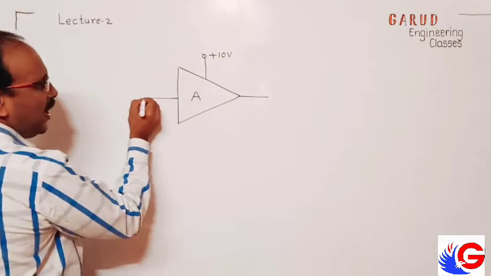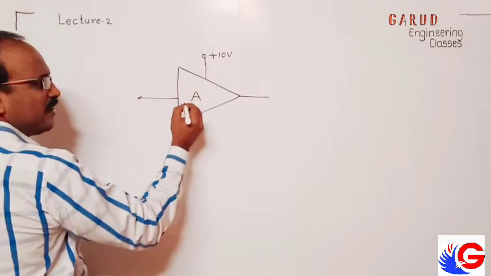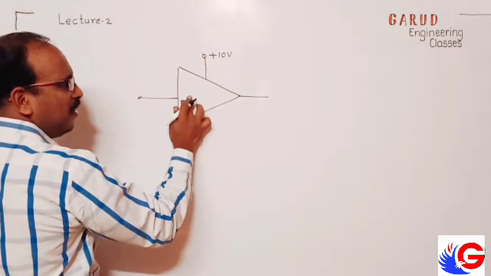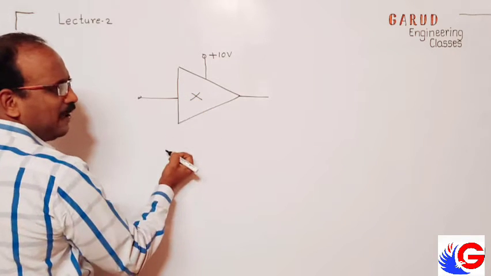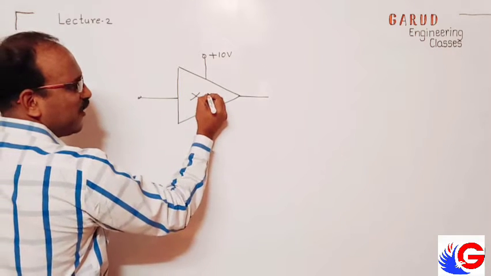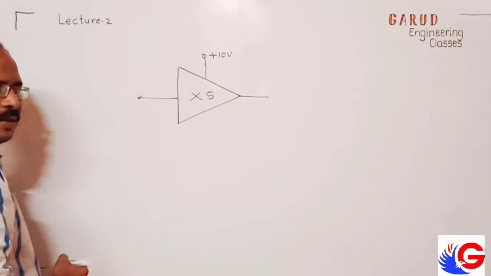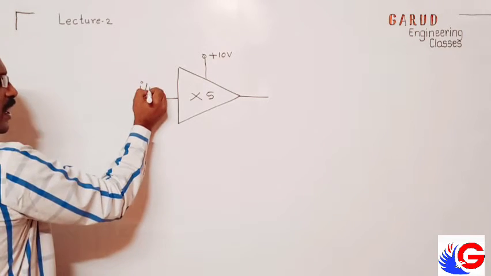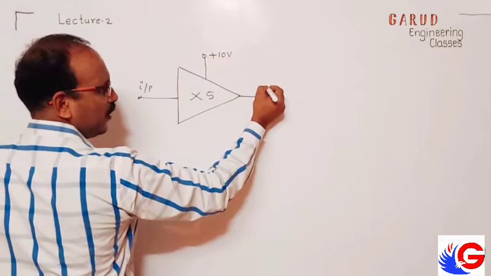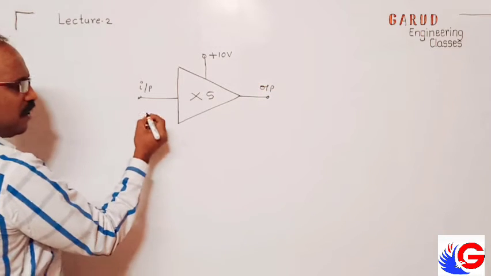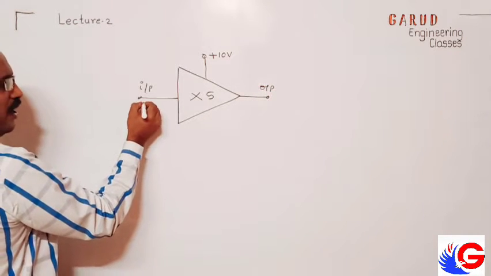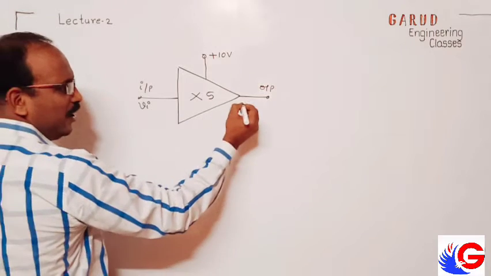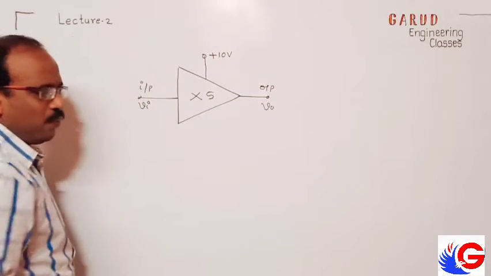The amplifier is basically a multiplier. Suppose the multiplication factor is 5. This is the input and this is the output. In voltage form, I write Vi for input and Vo for output.